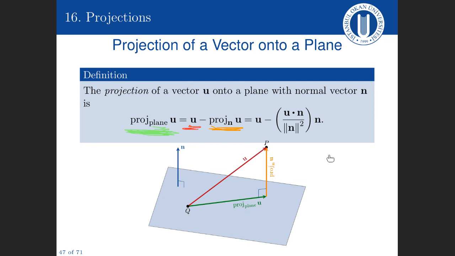The projection of u onto the normal vector n, projection of a vector onto a vector we know. We have u minus this vector, or u minus u dot n over the norm of n squared multiplied by n. This is the formula. Make sure you make a note of this before the exam.